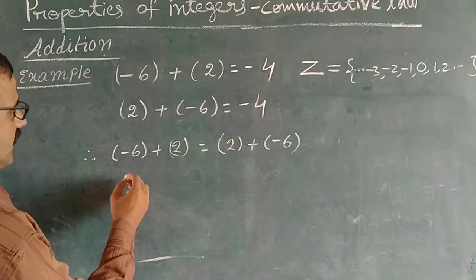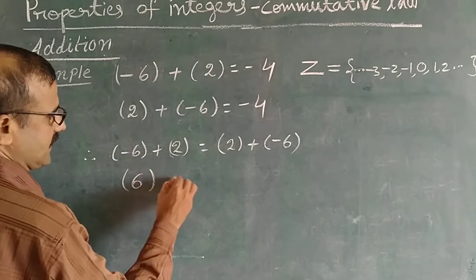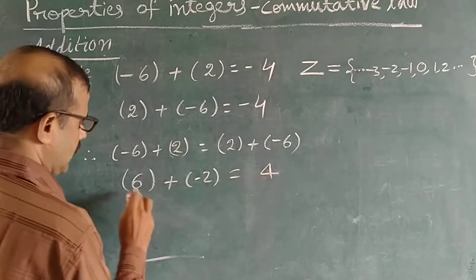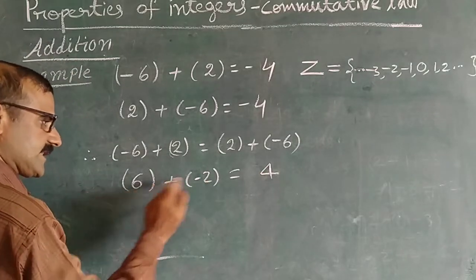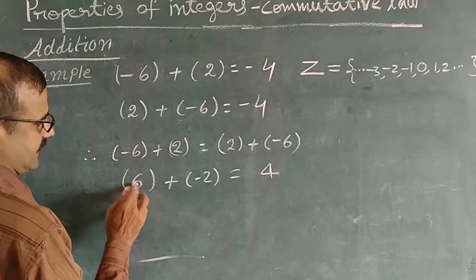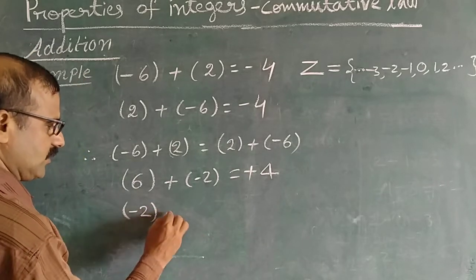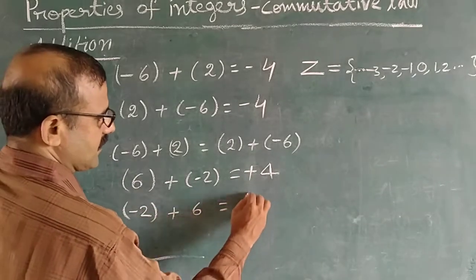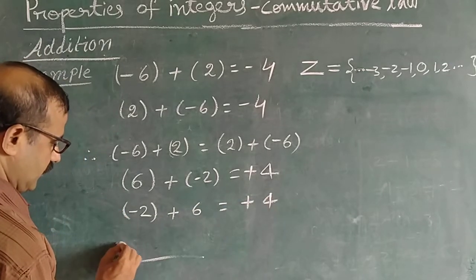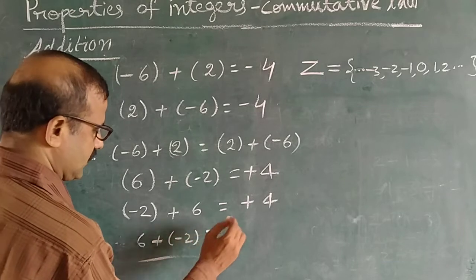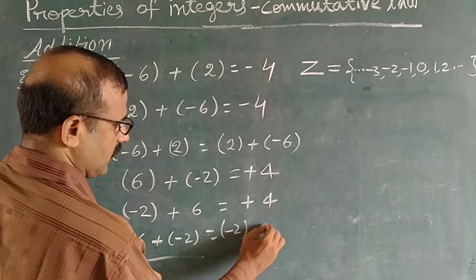Suppose one more example: 6 plus minus 2 equals 6 minus 2, which is 4. Here 6 is bigger and its sign is plus, so plus 4. Again we change the order: minus 2 plus 6 gives the same answer, plus 4. Therefore 6 plus minus 2 equals minus 2 plus 6.